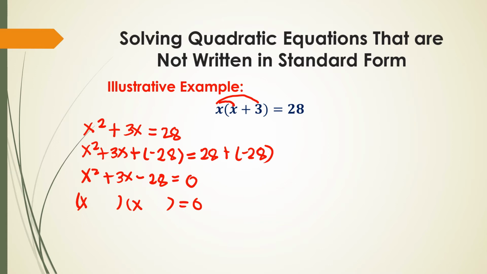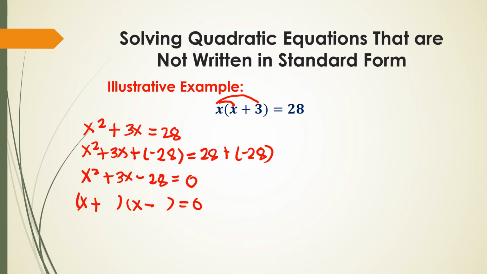Since ang sign ng ating last term is negative, then ang sign ng binomials natin ay isang positive at isang negative. So, ano yung isang factor ni 28 na kapag sinubtract natin ay 3? Okay, that is 7 and 4. So, 7 times 4, that is 28. 7 minus 4, that is 3.